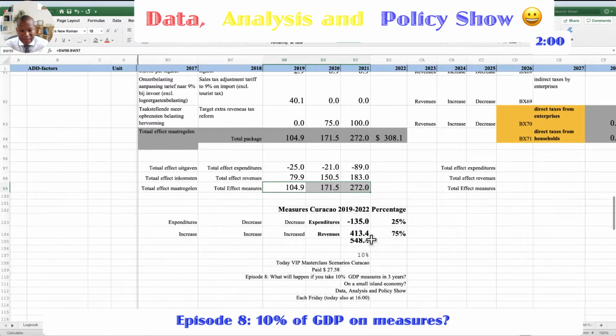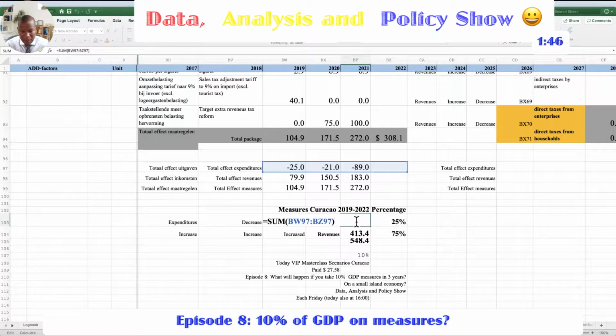And when you take that, you see that the expenditures will decrease by 135 million, and the revenues will increase by 413 million, so it's 548. That's the total package. And what does that mean?